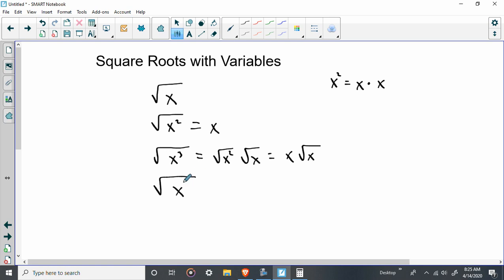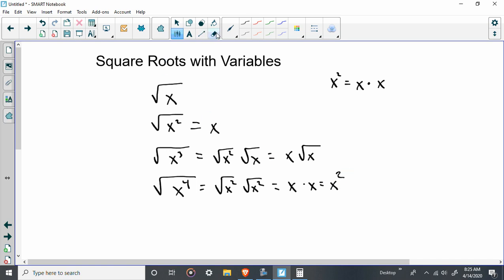X to the fourth is actually radical x squared times radical x squared. This we know. This is actually x times x, or x squared, right?